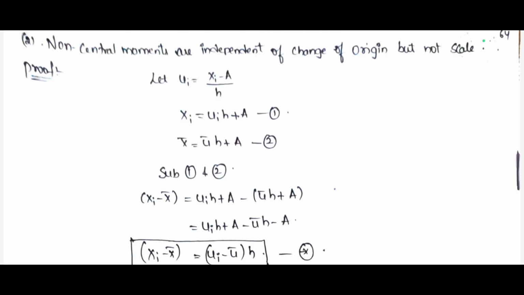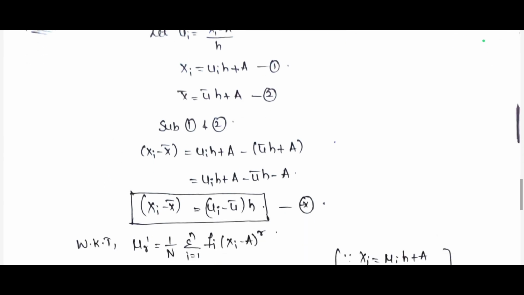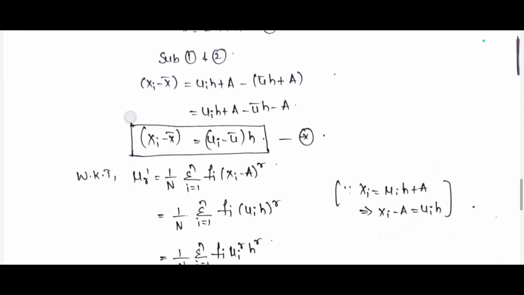Xi equals ui into h plus a, put as equation 1, and x bar equals u bar into h plus a, equation 2. Subtract 1 minus 2, and xi minus x bar equals h times (ui minus u bar), put as star.